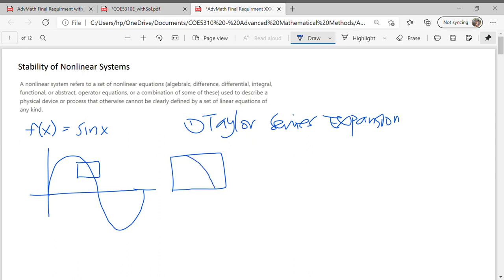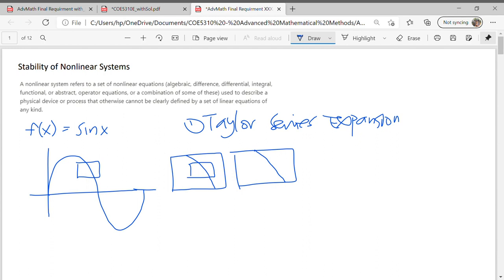Okay, it is not yet a perfect line, but if we iterate and take a closer and closer and closer look, you definitely will get a line. So for any nonlinear system, we can do the same.